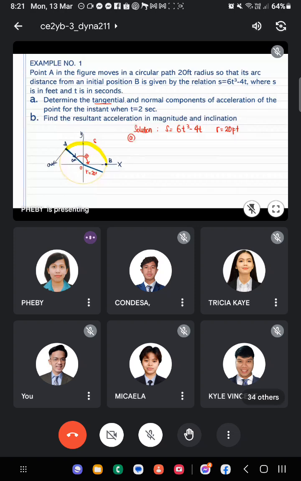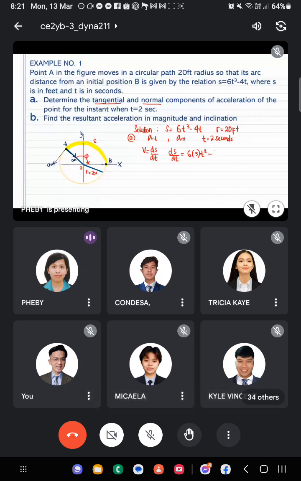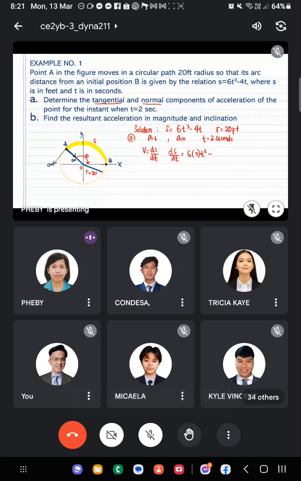So ds with respect to dt is 6 multiplied by 3t squared minus 4. So this will be 18t squared minus 4 equals to ds over dt.